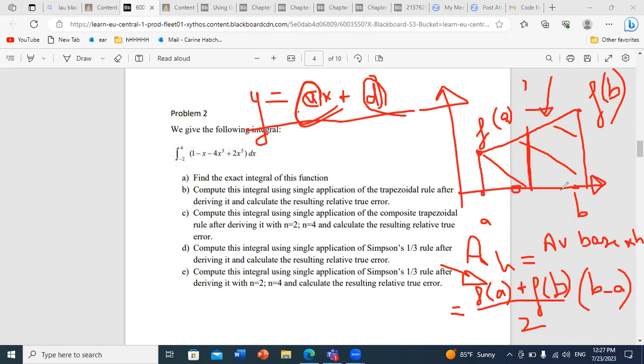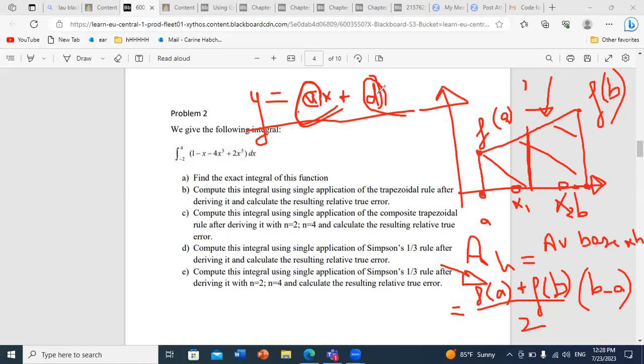You are choosing points in between and not A and B, so you are searching for x1 and x2. How many unknowns do you have? x1, x2, C and D, so four unknowns in the Gauss-Legendre method, while in the trapezoidal method you take the extreme points. A and B are fixed. You don't have to search for these 2 points, just for the coefficients C and D.